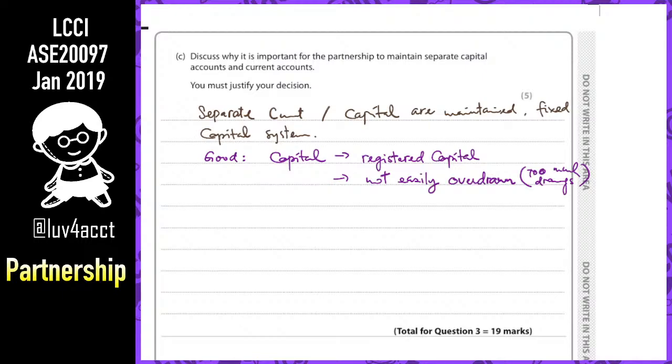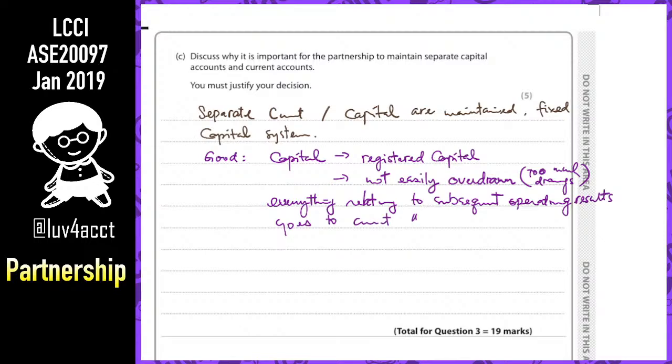And everything relating to subsequent operating results, I should say, goes to the current account.